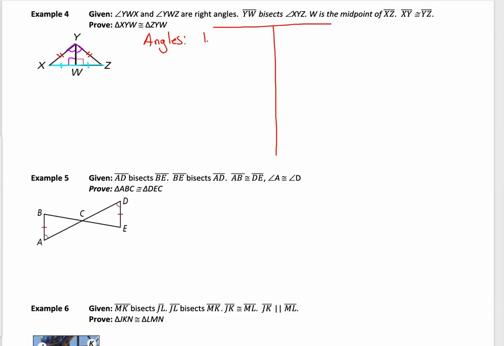Step 1, we know angle YWX and angle YWZ are right angles. That's given. Let's figure out what we can conclude from that. I know that all right angles are congruent by the right angle congruence theorem. So angle YWX is congruent to angle YWZ, and that's the right angle congruence theorem.